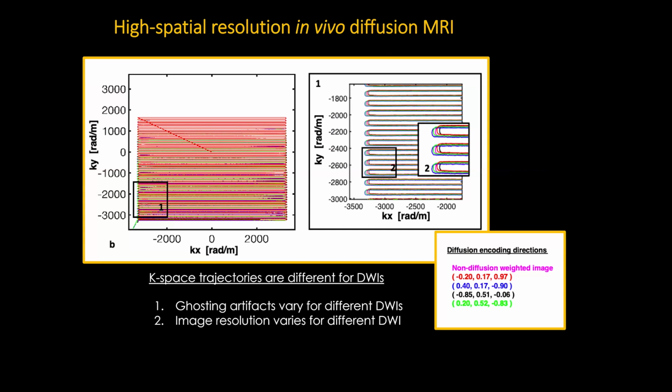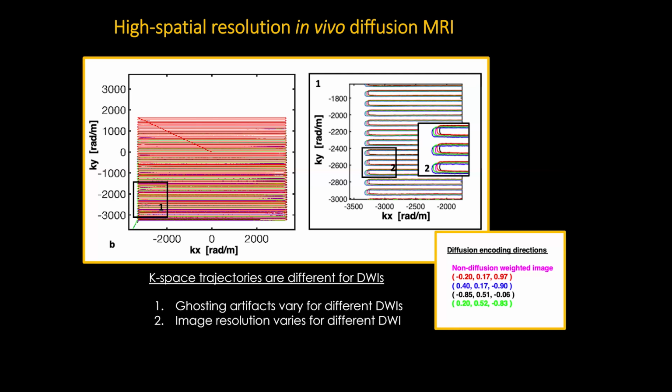And so Gabriel in our group has done a lot of work in trying to improve and measure the field trajectories on the Connectome 2 scanner. He's done this already for concurrent field monitoring using the 72-channel coil and the built-in field probes for high spatial resolution in vivo diffusion MRI.